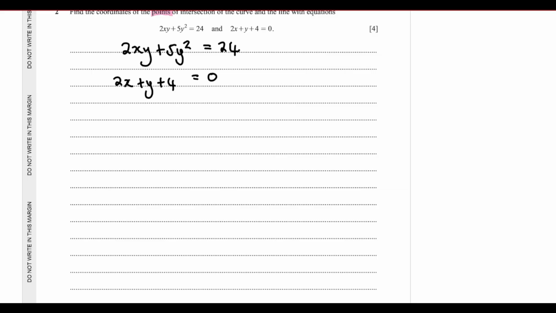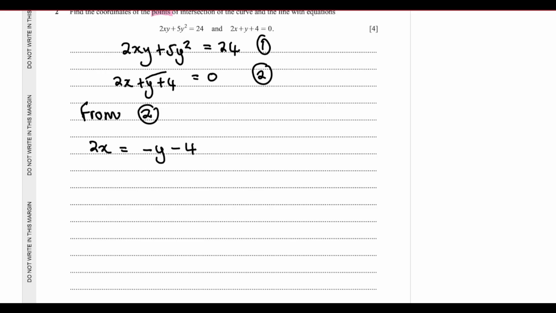But I noticed that there's kind of a shorter trick over here. We can take the second one, and from the second one, you can say 2x is equal to negative y minus 4.